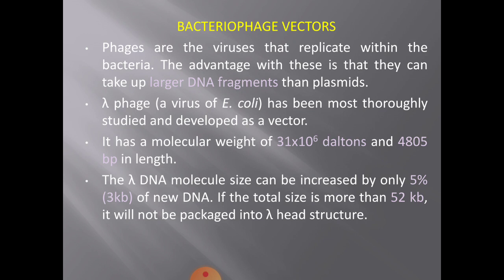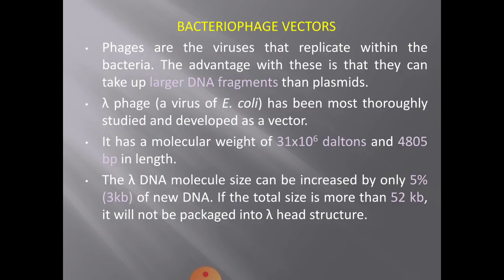The advantage of these phage vectors compared to the plasmid vectors is that they can take up larger DNA fragments. They can take up larger DNA fragments when compared to plasmids. So if the size of your DNA insert is bigger, then you can always go for phage vectors than plasmid vectors.